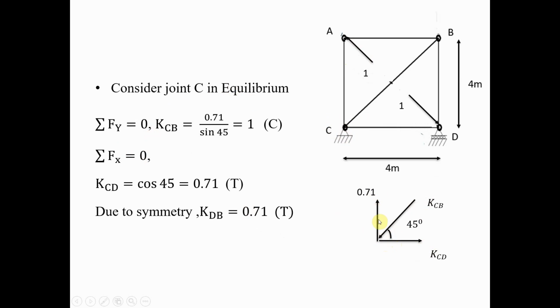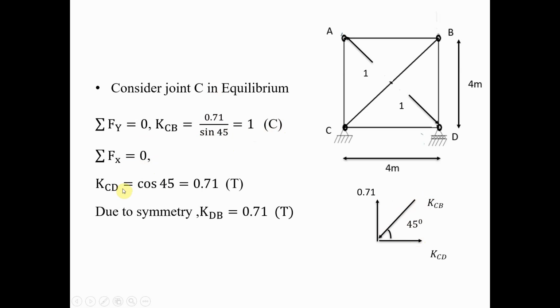So 0.71 is positive, minus KCB sin 45 is equal to 0. So KCB is equal to 0.71 upon sin 45, which is positive. The nature of KCB we assumed to be compression, and we got the positive sign, so KCB is compression. Then summation Fx is equal to 0.